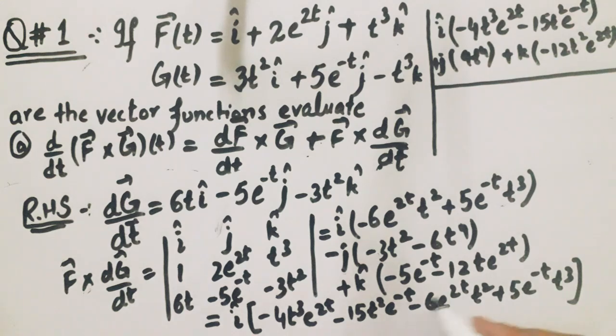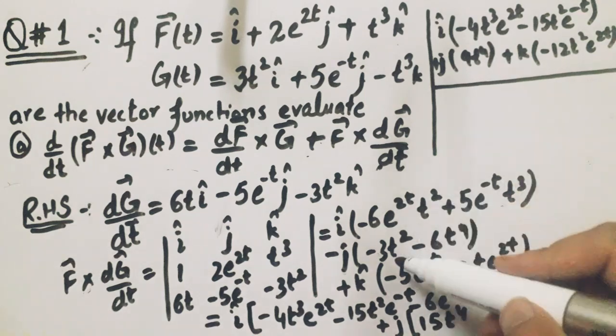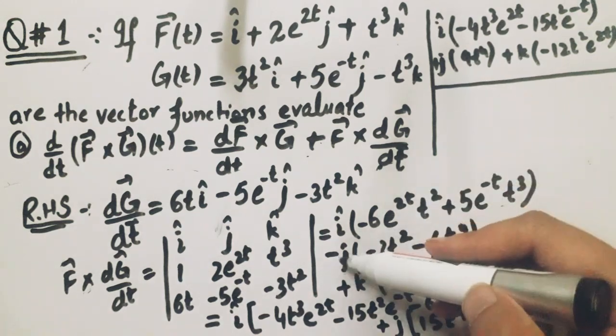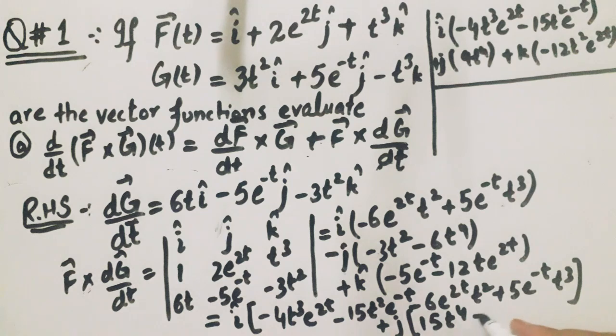So it will become for j, plus j 9t4 and minus will become plus 6, 15t4, it will become 9 plus 6, it will become 15t4, and minus will become plus 3t square.